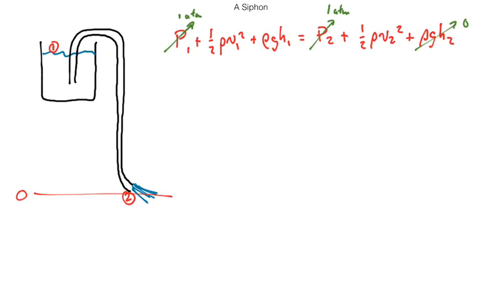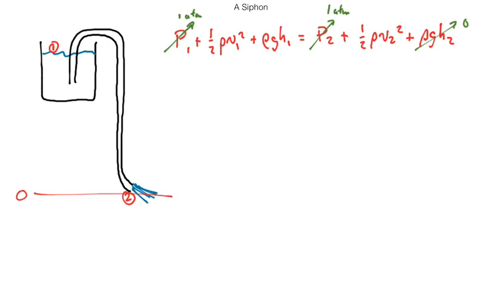All right, there's one more simplification we are going to make, and it's about the speed of the water at point 1. It's not moving. It certainly is not moving with any speed that's even remotely like the water coming out the end of the hose. And in fact, for things like swimming pools that take days to drain, that water level goes down very slowly compared to the speed of the water coming out the end of the hose.